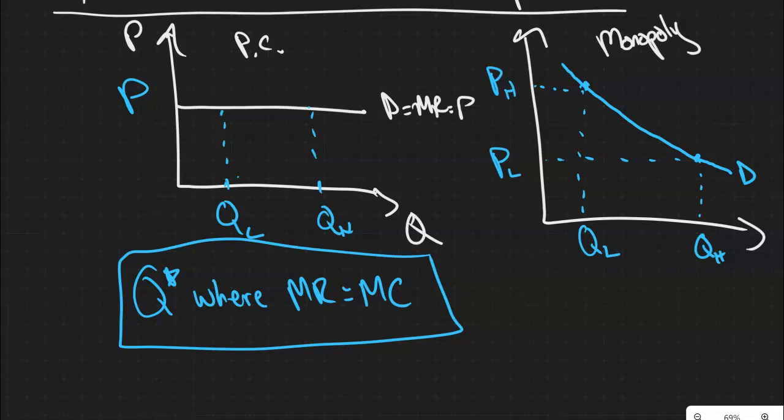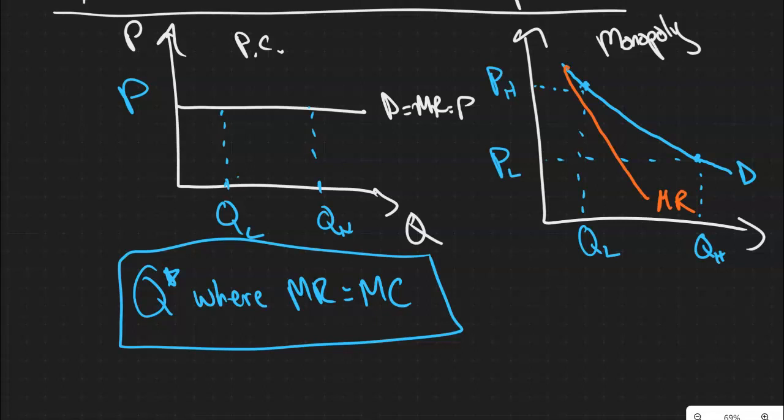It was great, right? Unfortunately, once we give the demand curve a little bit of a slant, now we're going to have a marginal revenue curve that looks something like this. It has twice the slope of the demand curve, and it starts at the same point.